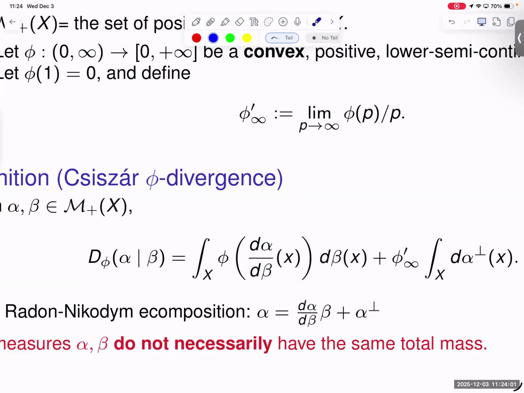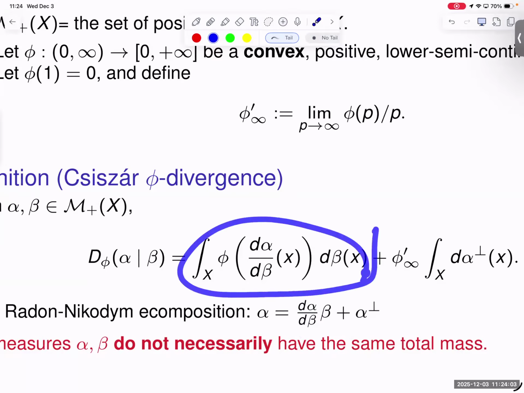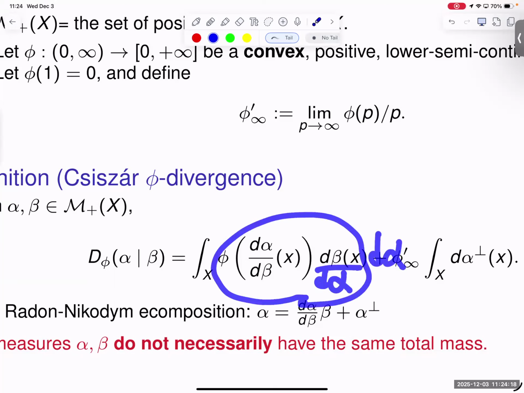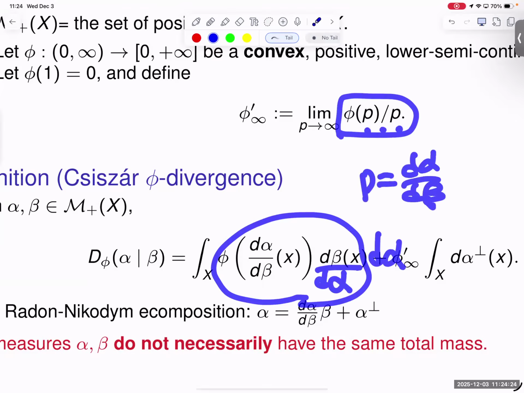If you look at this formula, as this one goes to infinity, and you divide by d alpha, the whole thing looks like phi of p divided by p, where p is d alpha divided by d beta.